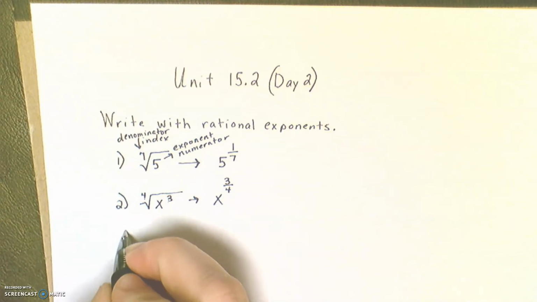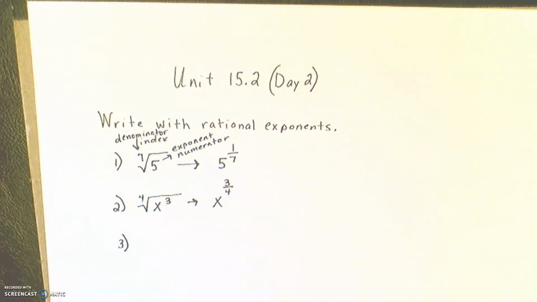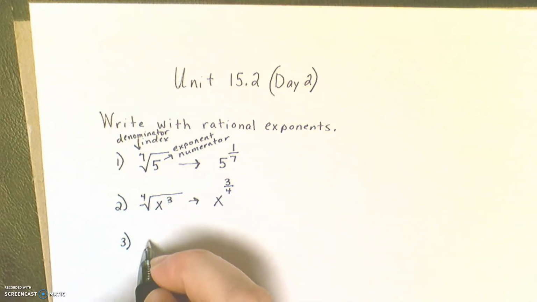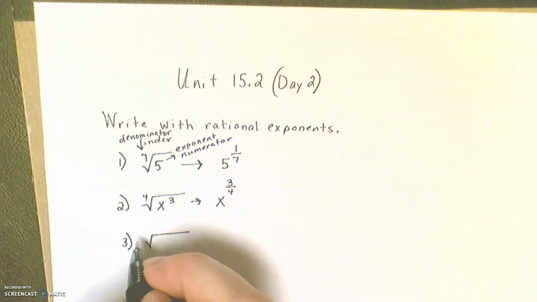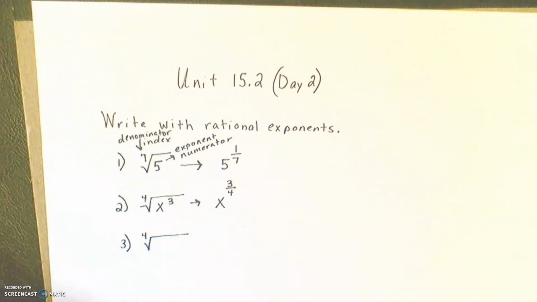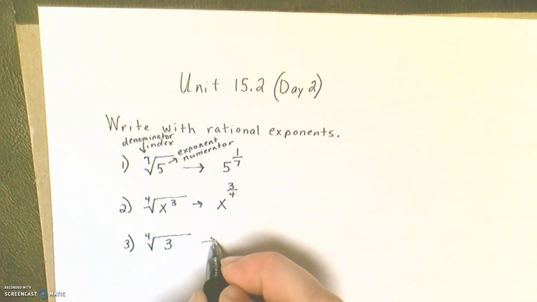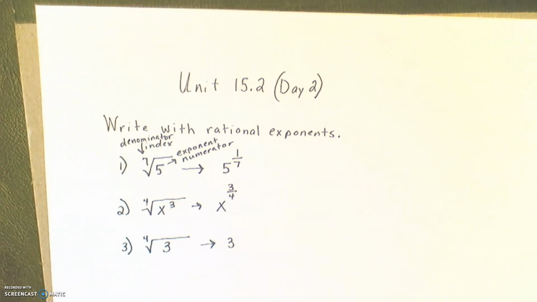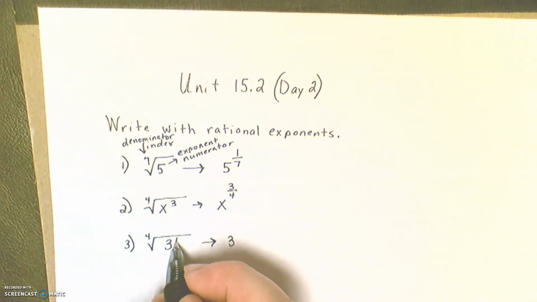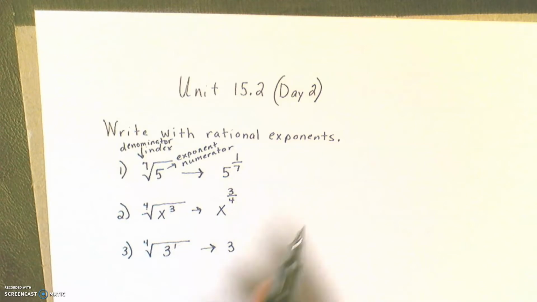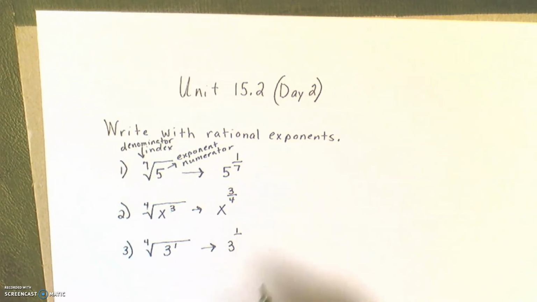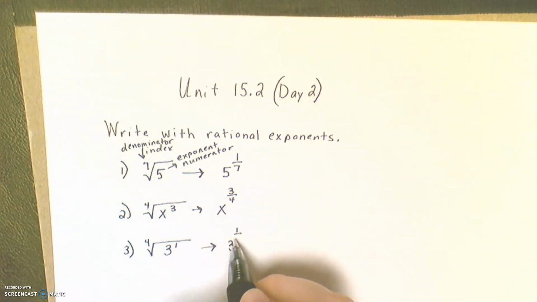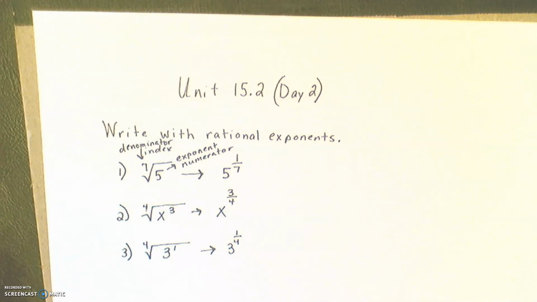Another one. Index is 4, base is 3. Base, 3. Index, or the exponent is 1, that's your numerator. Index is 4, your denominator.